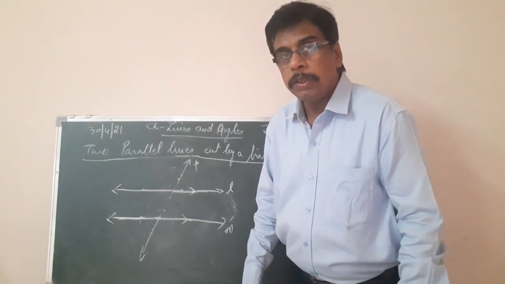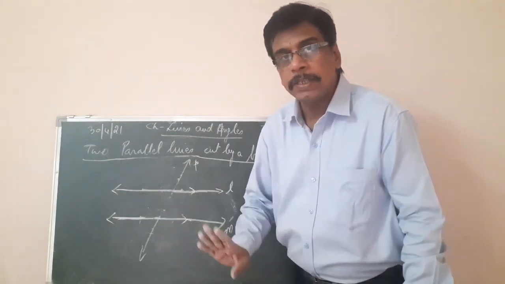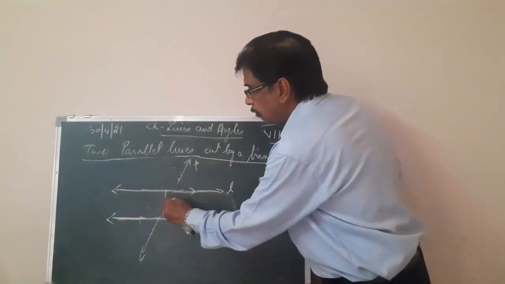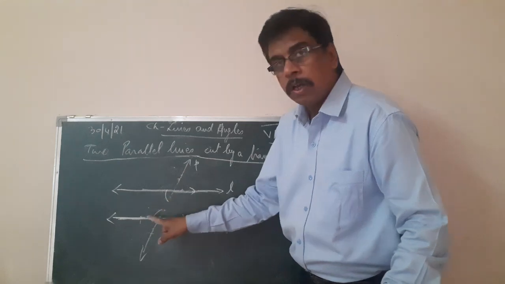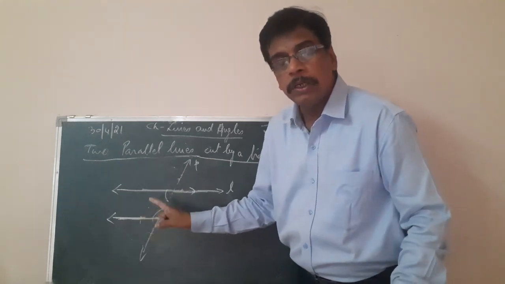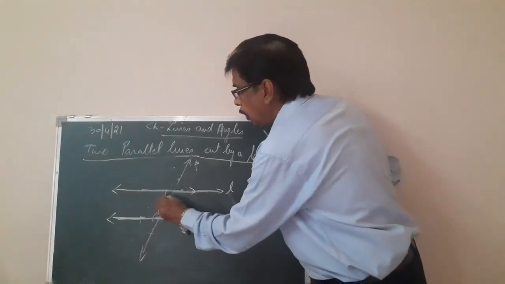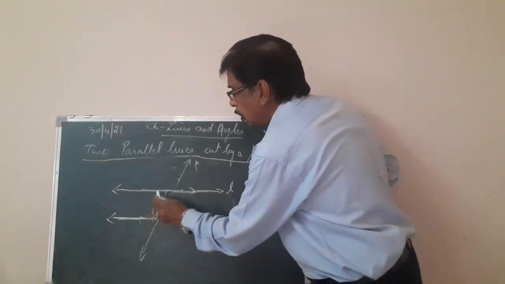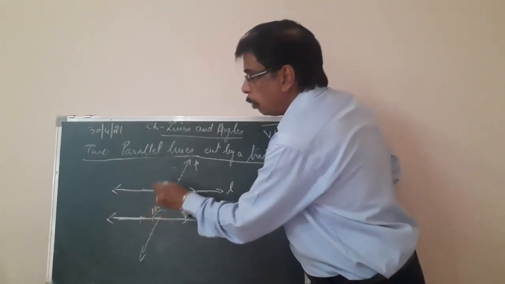I had already showed you what are co-interior angles. Two angles which are in the interior and on the same side of the transversal, if we have this angle and this angle, they are co-interior angles. And the sum of the co-interior angles is 180 degree. If this is say 120 degree and this is say 60 degree, then the sum is 180.